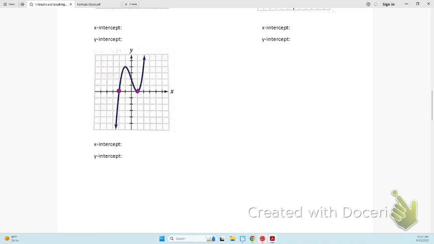By easy, I mean it hits right on those cross sections. And if it's ever between dashes, you got to approach it algebraically. But if it goes right through the dash, then you're safe to assume that it's -2, 0, and also 1, 0 in this case. And we have a y at 0, 2.